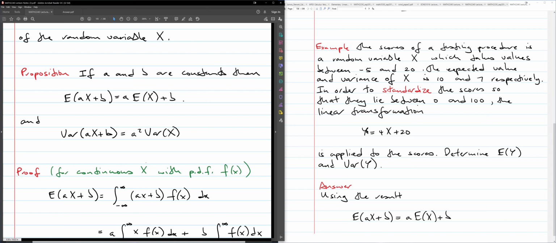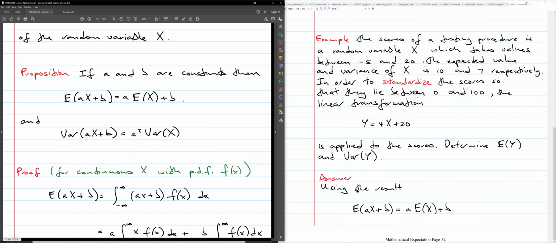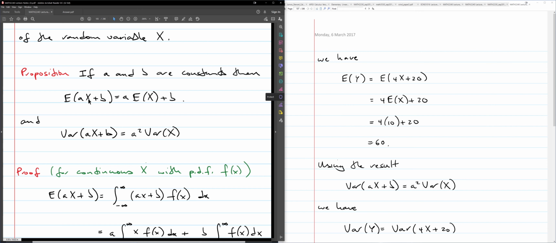Anyway, that's what y is, but what we really want to do is determine the expected value of y and the variance of y. It's not hard in this case. All you're going to be doing is using these two formulae. So the expected value of y, where y is equal to 4x plus 20, is the expected value of 4x plus 20.